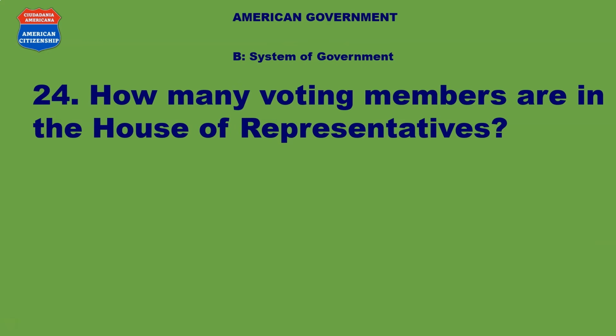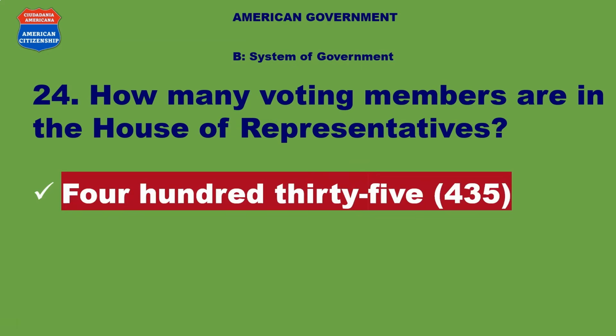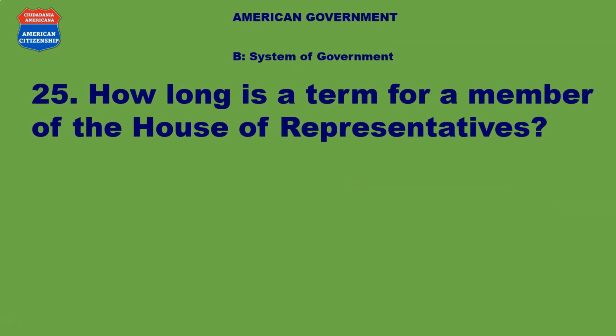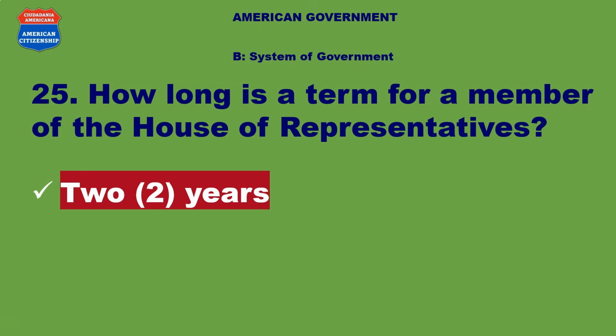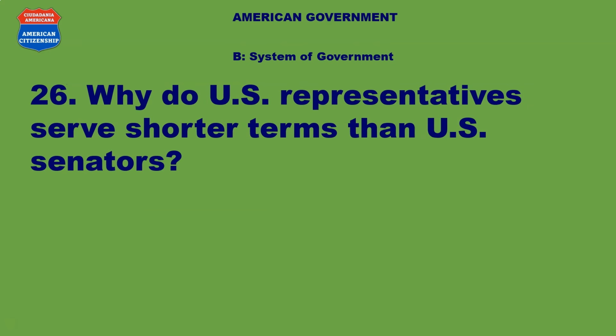How many voting members are in the House of Representatives? 435 voting members. How long is a term for a member of the House of Representatives? 2 years. Why do U.S. representatives serve shorter terms than U.S. senators?